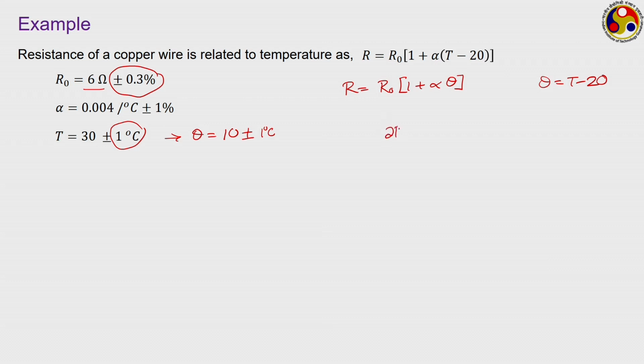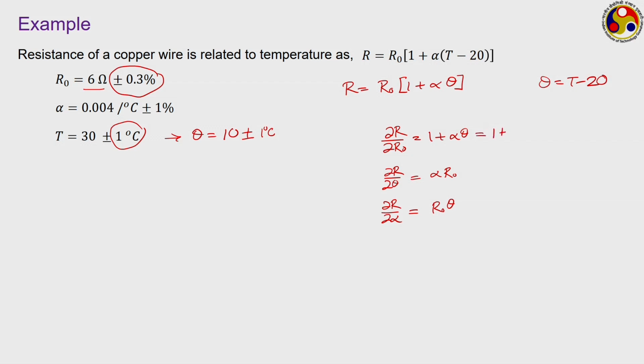So, dou R by dou R naught will be equal to 1 plus alpha theta, dou R by dou theta will be equal to alpha R naught, and dou R by dou alpha will be equal to R naught theta. Now, how much uncertainty is present in each of these measurements? Let us first calculate the values. I do not have a calculator here, but I have noted down the values, so I can use them.